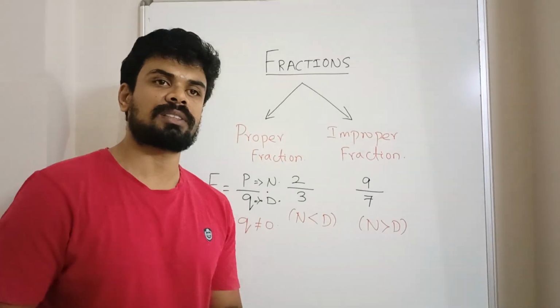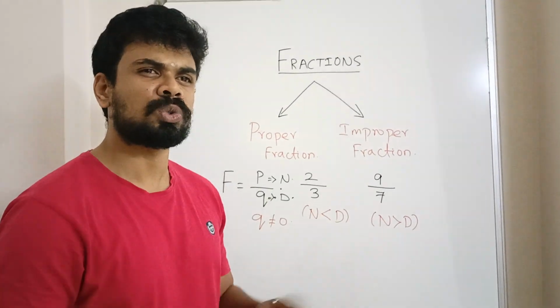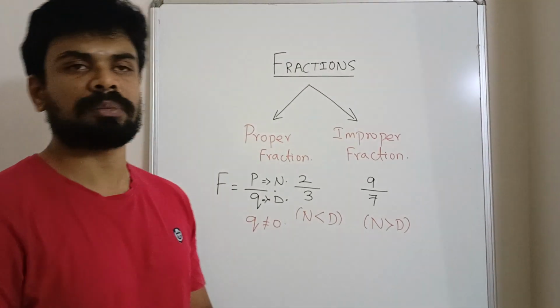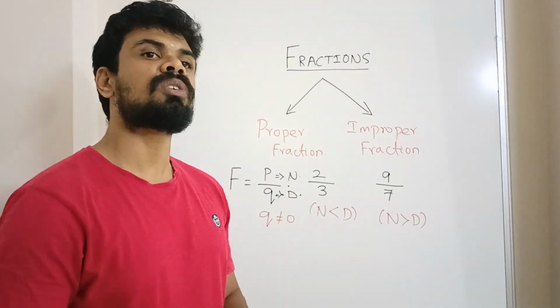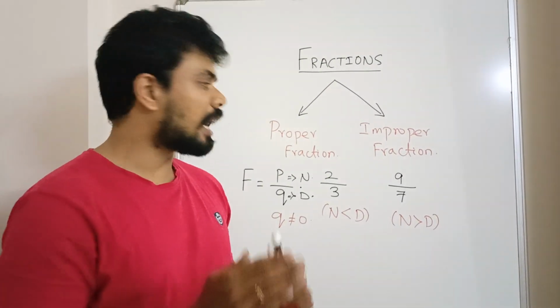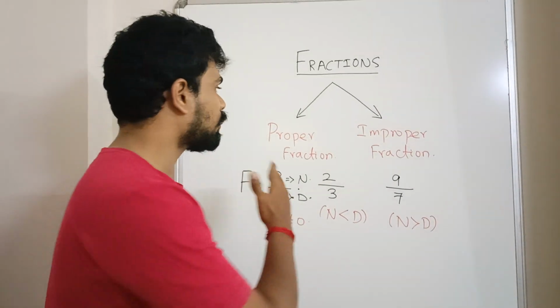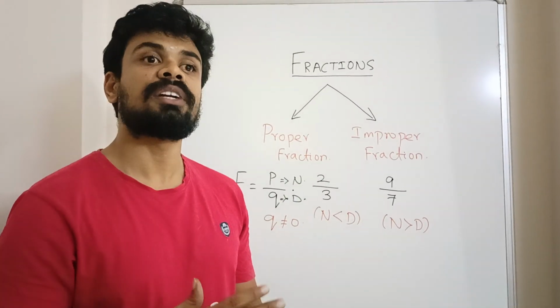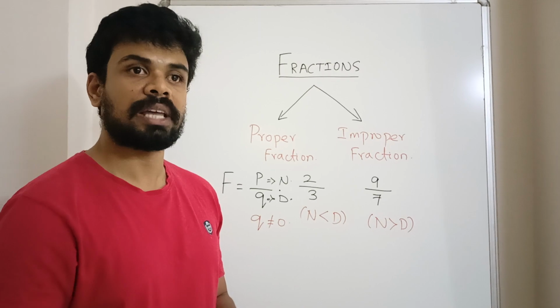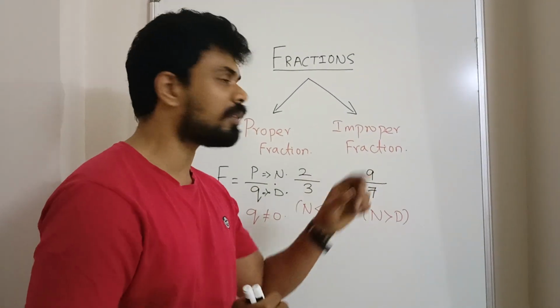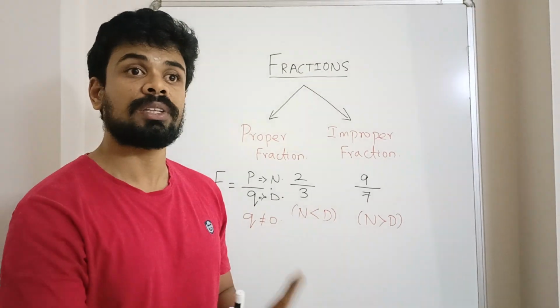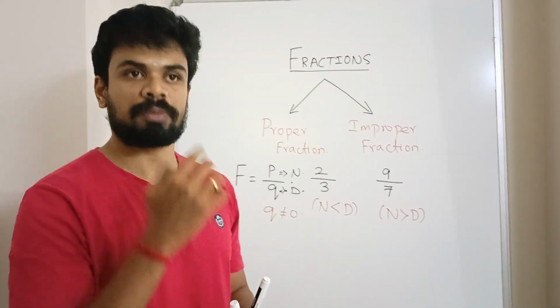Now the question arises, why do we need to study all those things? In competitive examinations, most of the calculation answers will be based on proper fractions only, and in reasoning concepts like clocks, the answer will come in improper fraction, but the options will not be in improper fraction.